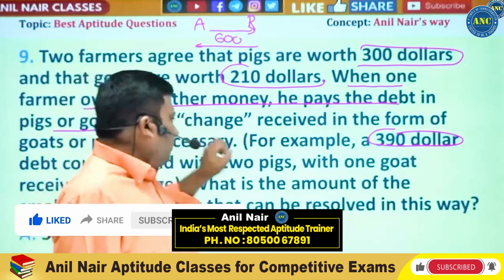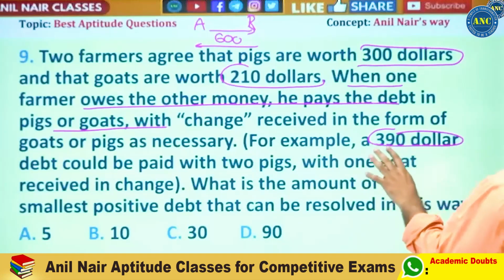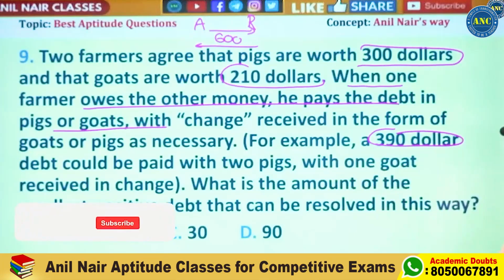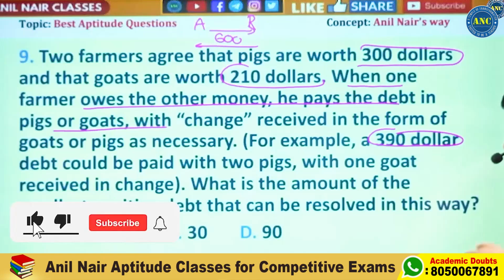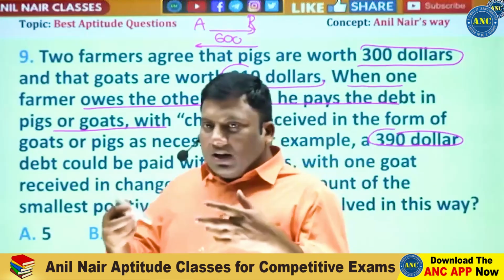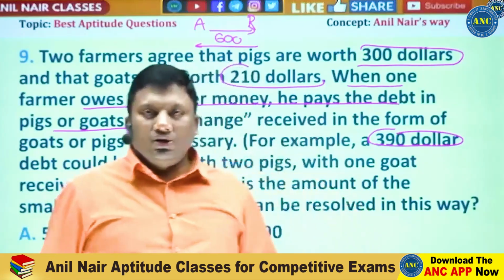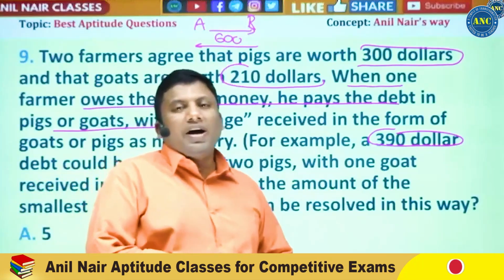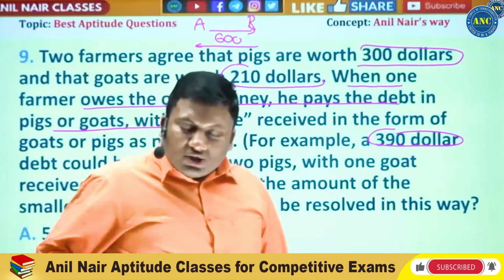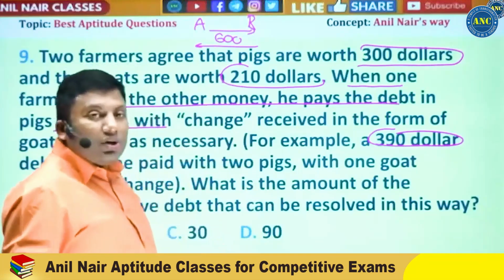The entire question: what is the amount of the smallest positive debt that can be resolved in this way? Think logically. If Anil has to give Reshma 600 rupees, he gives 2 pigs, 300 into 2. Suppose Reshma owes Anil 420, she gives 2 goats.